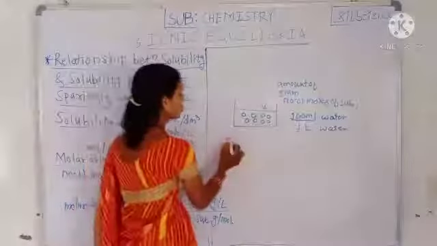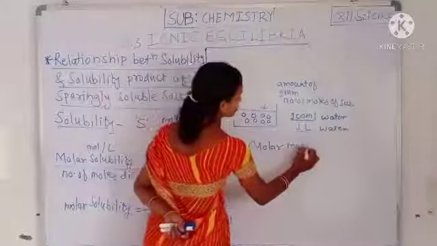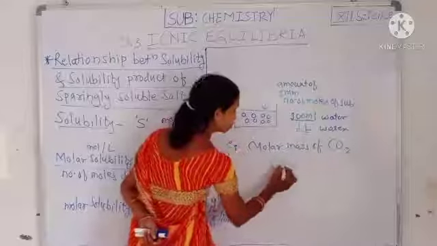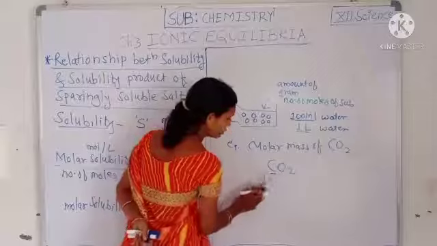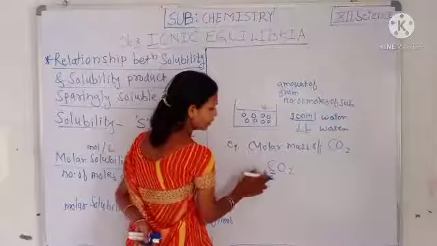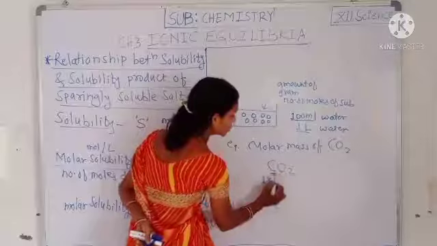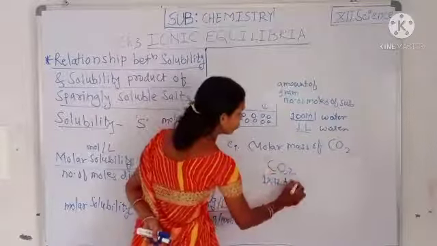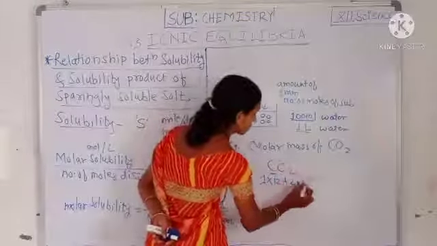For example, the molar mass of CO2: there is one atom of carbon, multiplied by the atomic mass of carbon, which is 12, plus 2 oxygen atoms into the atomic mass of oxygen, which is 16.